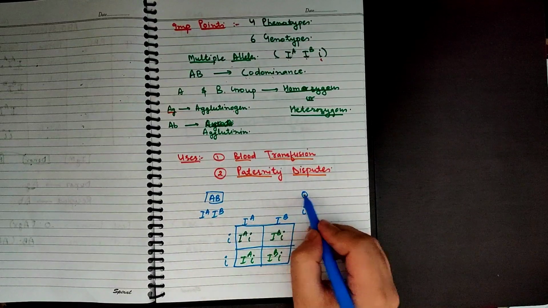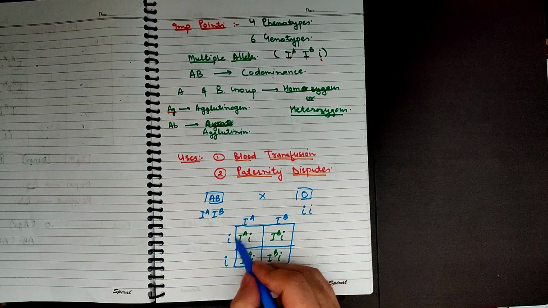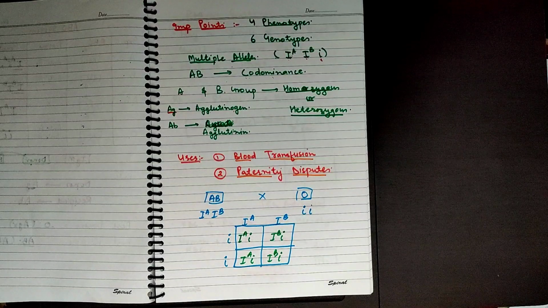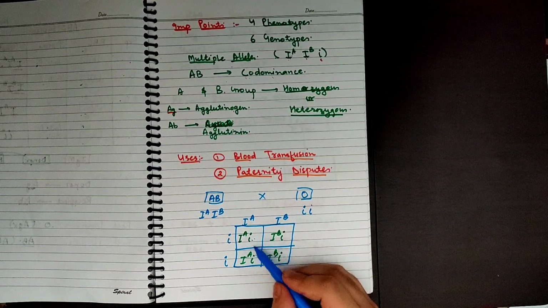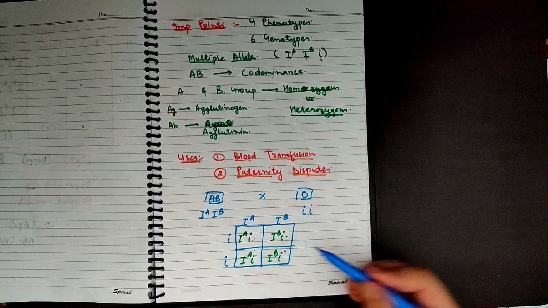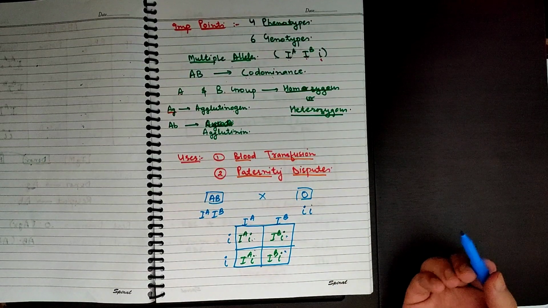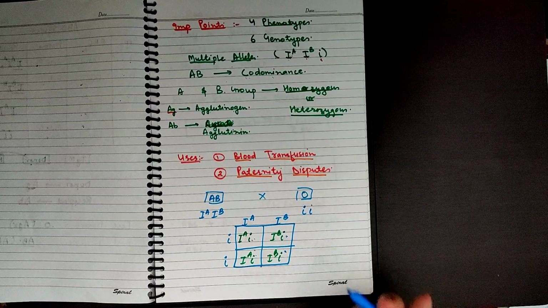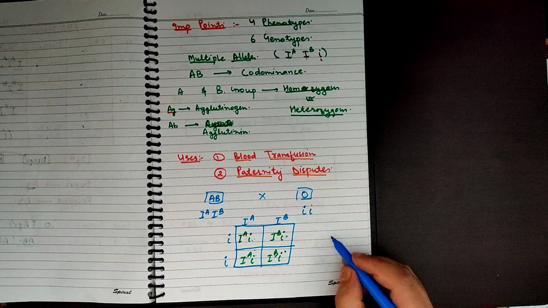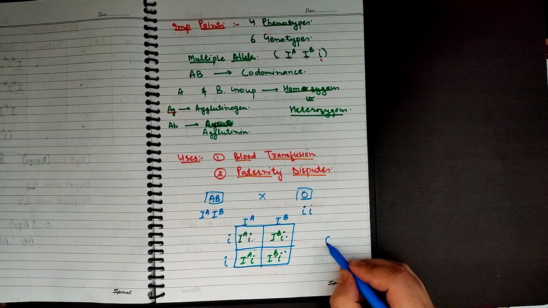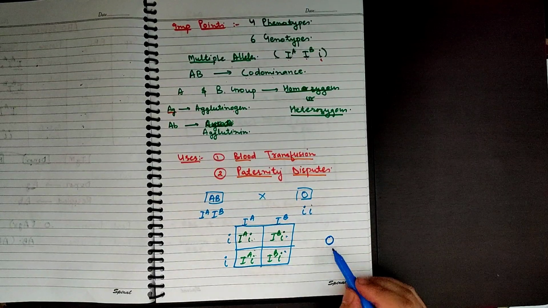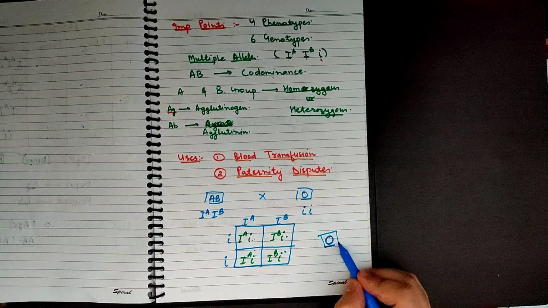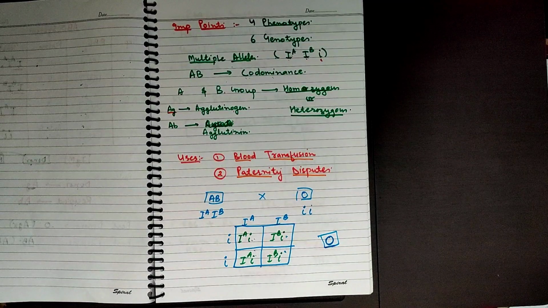This is a female and this is a male. If they marry, these are the types of blood group their offspring can have. Either they can have children with A blood group or they can have children with B blood group. Okay, if this couple somehow has a child whose blood group is O, अगर इस कपल का एक बच्चा है जिसका ब्लड ग्रुप O है, so this is not a normal thing.